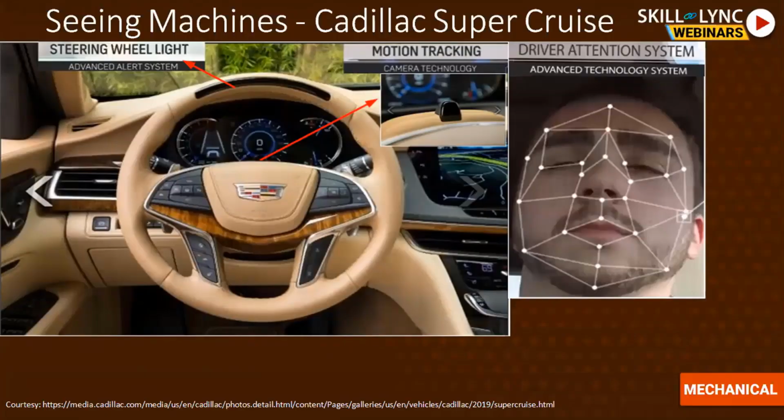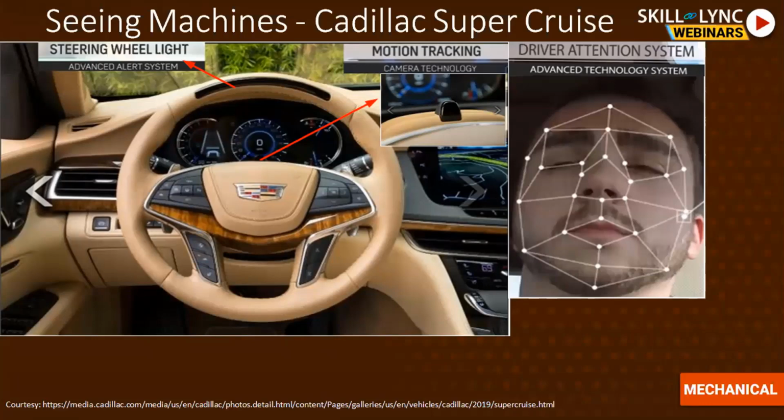What it does is that it essentially monitors the driver continuously through this camera and the IR sensors. If the driver is not looking at the road continuously for a certain time, it tries to hand over the control to the driver. It essentially alerts the driver at the beginning.